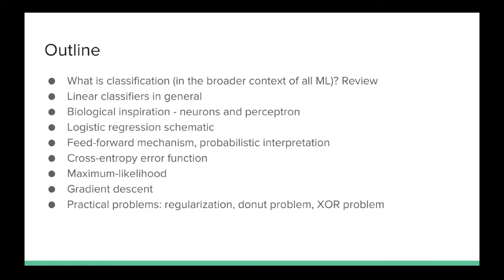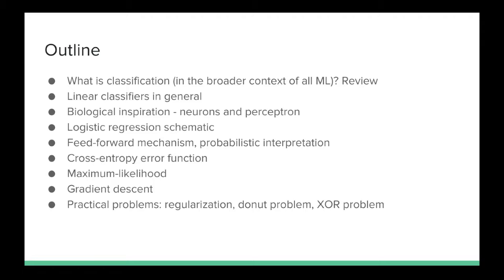Then we're going to talk about the biological inspiration for logistic regression, the neuron, and go into some of the older models of the neuron, namely the perceptron. Next, we'll look at how logistic regression can be pictured schematically and how we might extend these schematics to create different kinds of models. Next, we'll look at the feed-forward mechanism of logistic regression and its probabilistic interpretation.